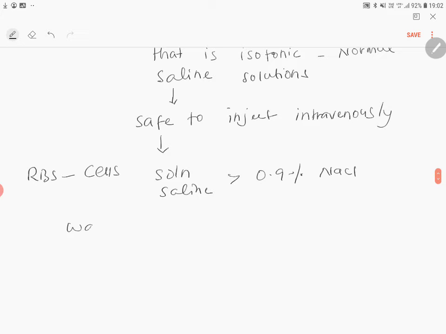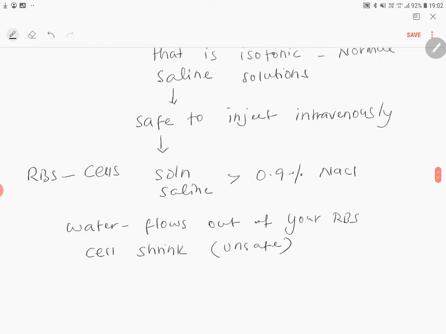Water flows out of your RBCs, and the cell would shrink. Such a condition is unsafe. So if RBC cells receive a hypertonic saline, this will happen.